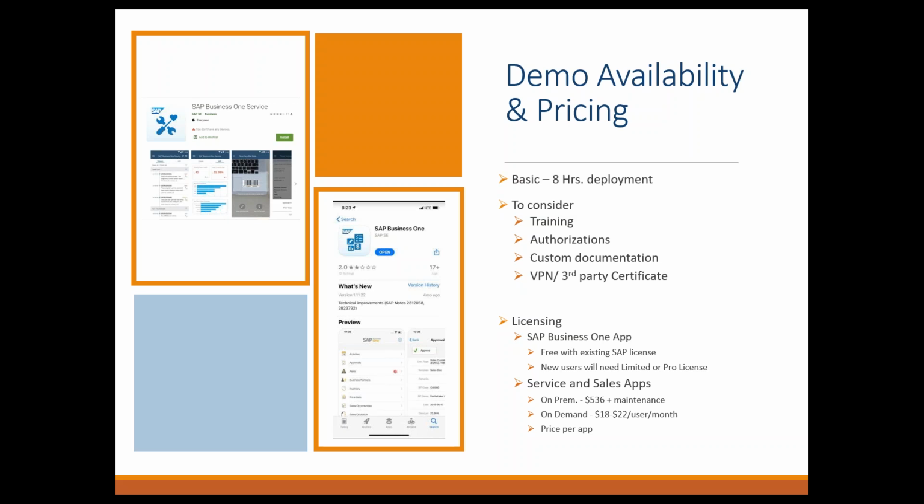For the on-demand cloud clients, it's going to be anywhere between 18 to 22 per user per month, depending on whether you're hosted by SAP or by a partner. The price is per app, so if you license one user, it's going to be either for the service app or for the sales app.